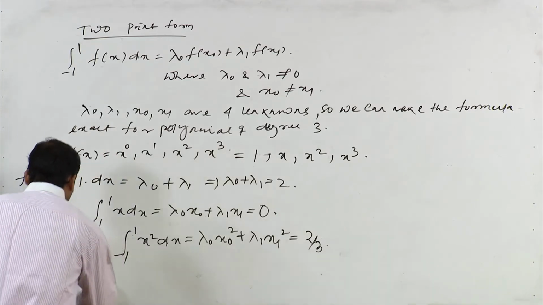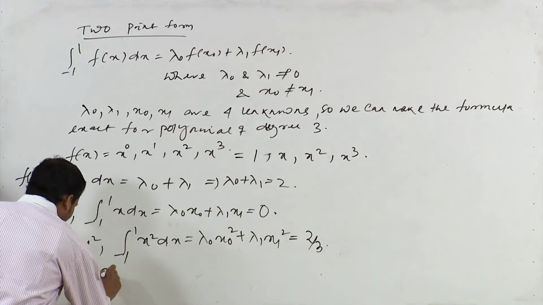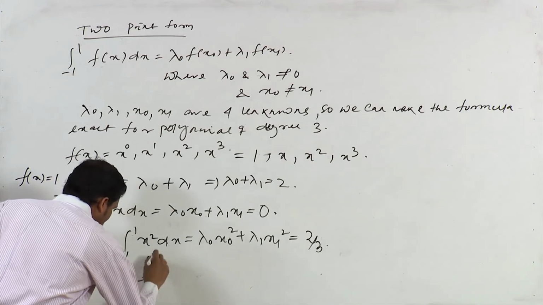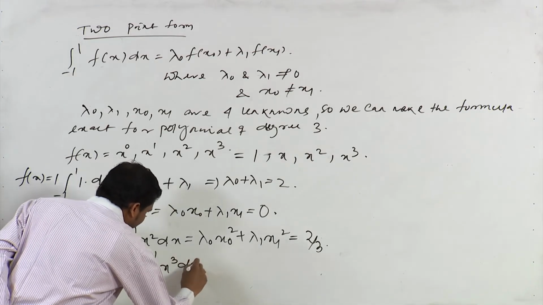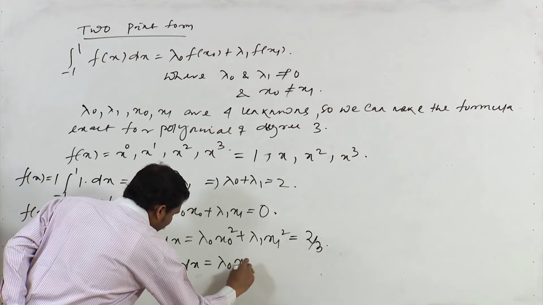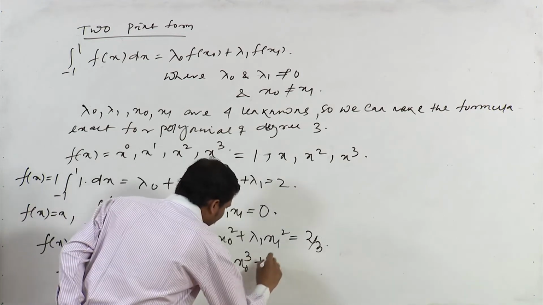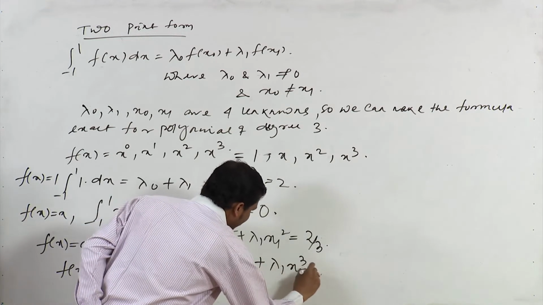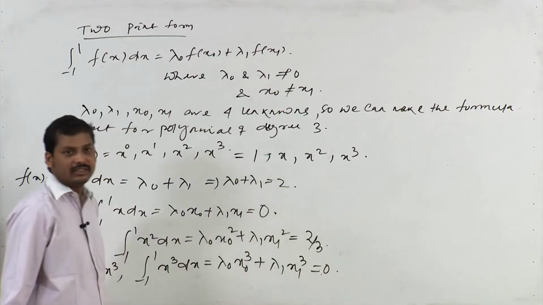Similarly, if we use f of x equals x to the power 3, this can be written as the integral from minus 1 to 1 of x to the power 3 dx, which equals lambda 0 x0 to the power 3 plus lambda 1 x1 to the power 3, which equals 0 again.